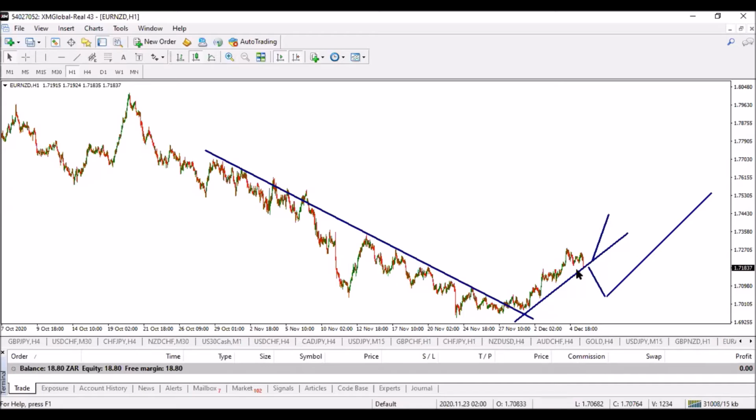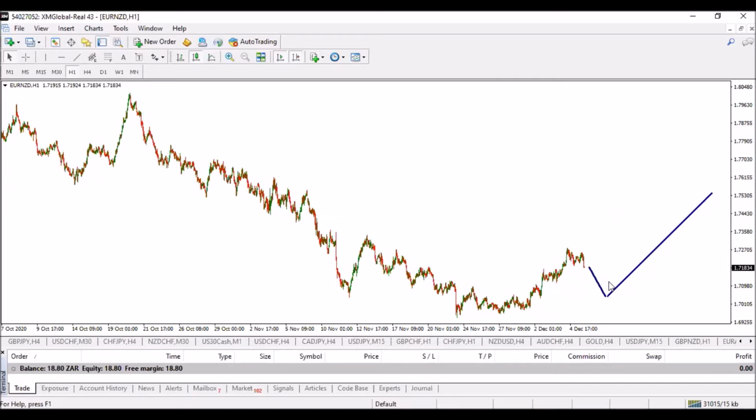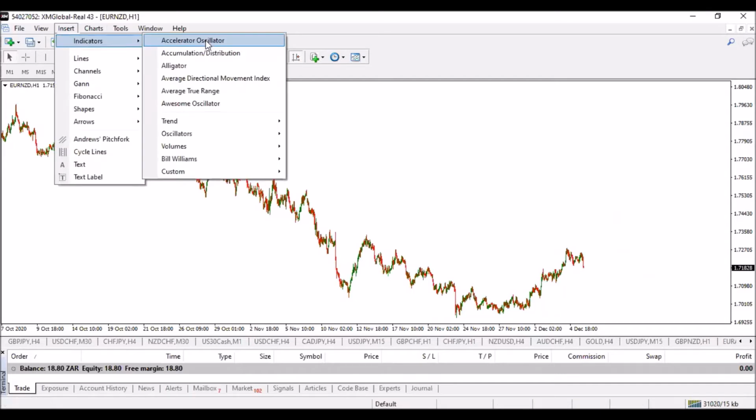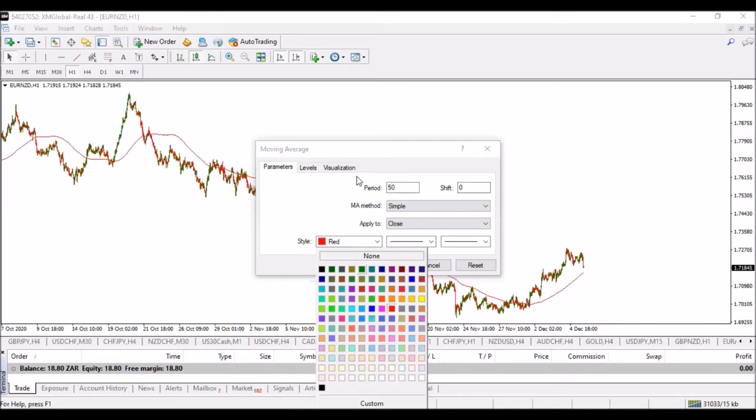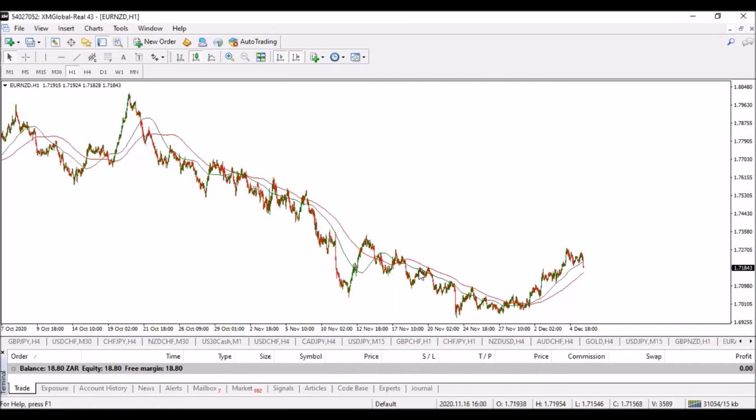So if I use the MA again to make it simpler for everyone, another way to look at it. You know it crossed here. Obviously been selling all the way here. This was acting as resistance. So it was selling, selling, selling. As I said, it's going up, but it will want to resist here.